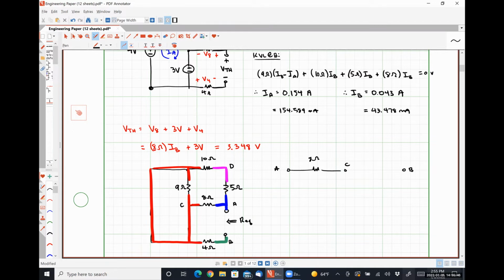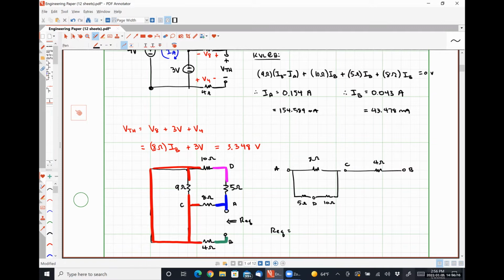An alternative way from going from A to C is to go from A to D to C. So from A to D is the 5 ohm, from D to C is the 10 ohm. And then finally, there's only one path for me to go from C to B, which is through the 4 ohm resistor.